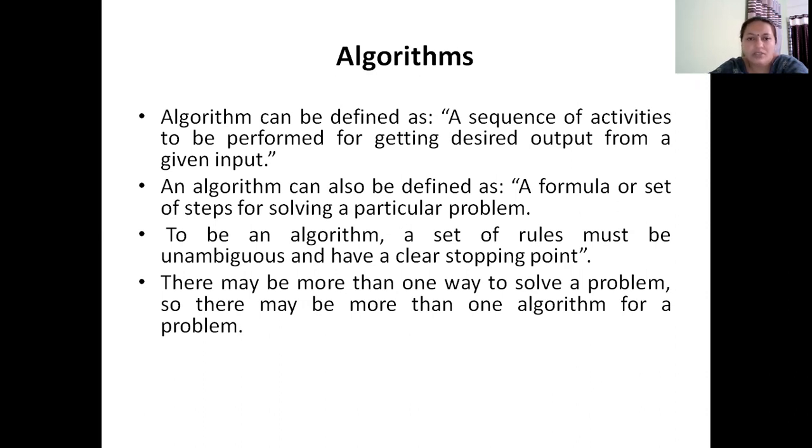This set of steps should be unambiguous and clear to understand, and they should have a clear beginning and end. Only then we call it an algorithm. To solve any given problem, there are multiple ways. There are multiple methods to solve a given problem. Hence, there can be more than one algorithm to solve a single problem.